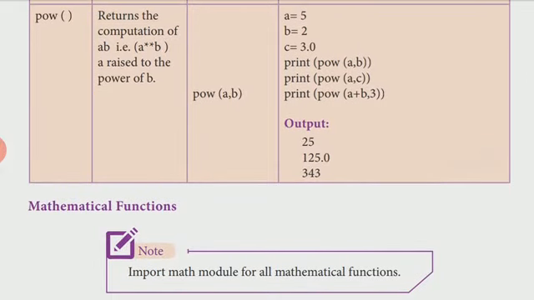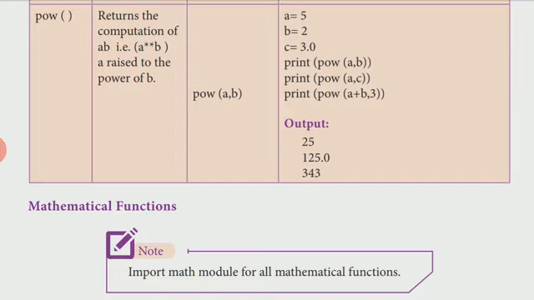The next one is power. We already know it is mostly used in this programming language, the power function. Here we are going to use power of a comma b.